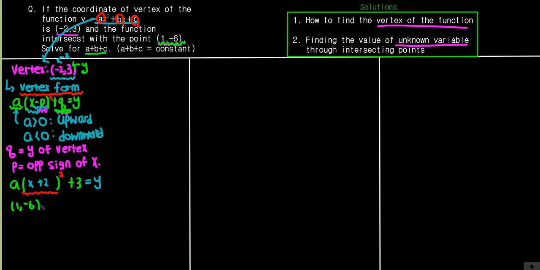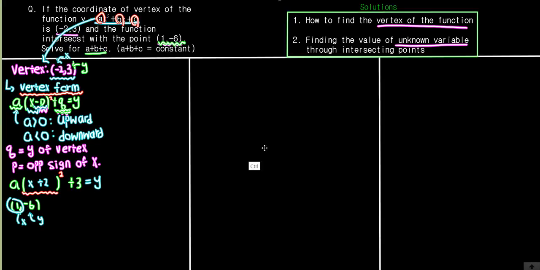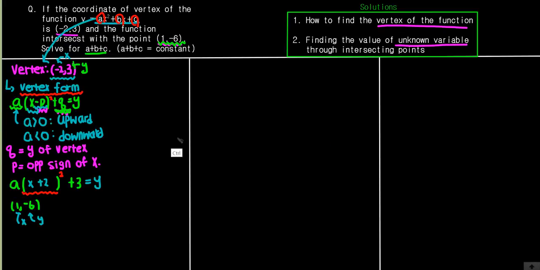And we can know from here that the y value is equal to negative 6 and the x value is positive 1. Which means when you input the value of positive 1 to our function right over here, we are going to get an output of negative 6.